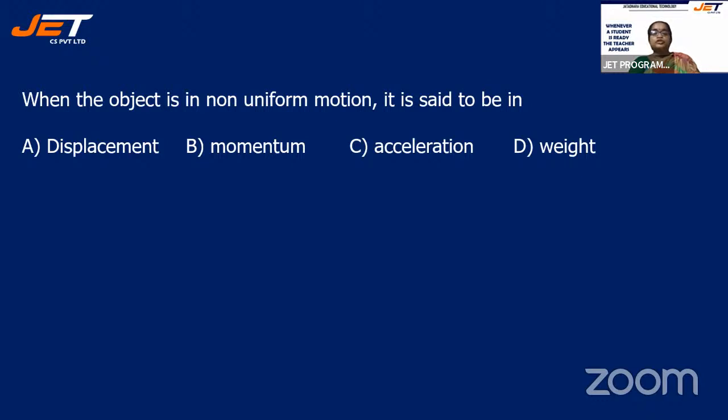Which doesn't have direction. It is option C, sorry, which has direction. So acceleration. When the object is in non-uniform motion, it is said to be in acceleration.